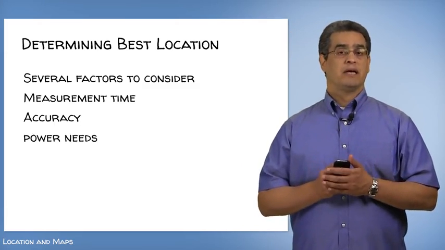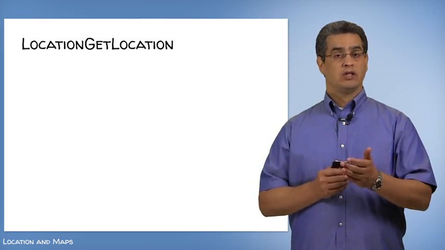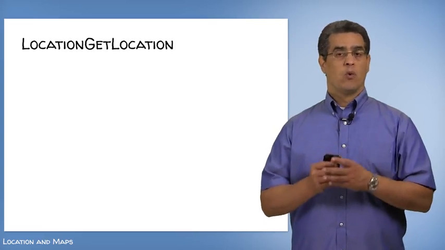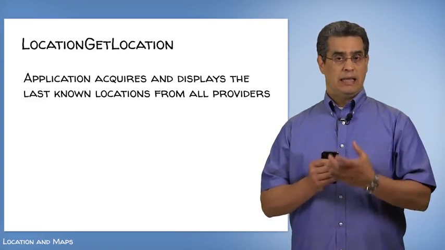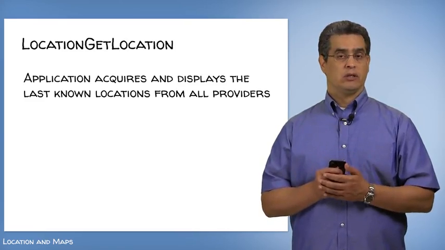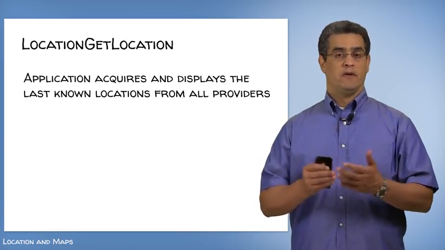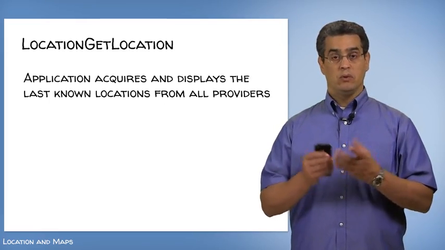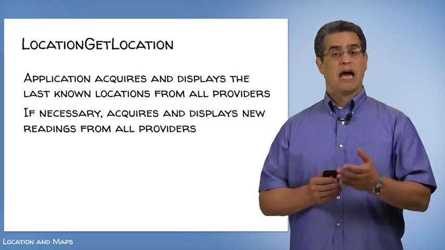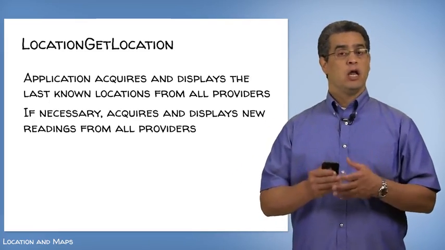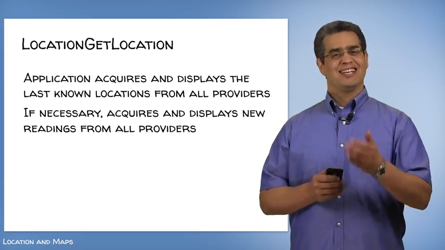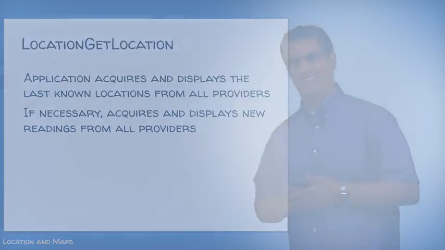The example application is called Location Get Location. This application first acquires and displays the last known location from all the providers on the device. If these readings are too old or have too low accuracy, then the application acquires and displays new readings from all the providers on the device. Let's give the application a run.